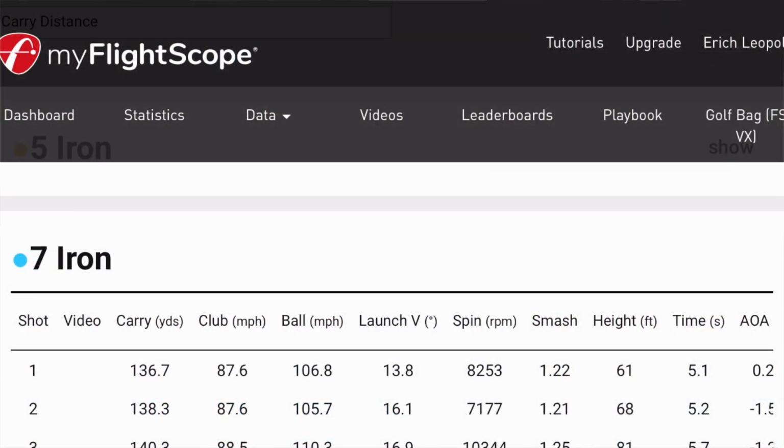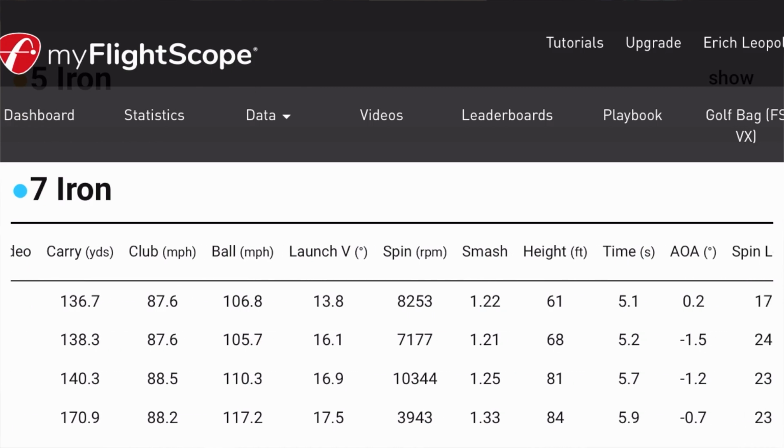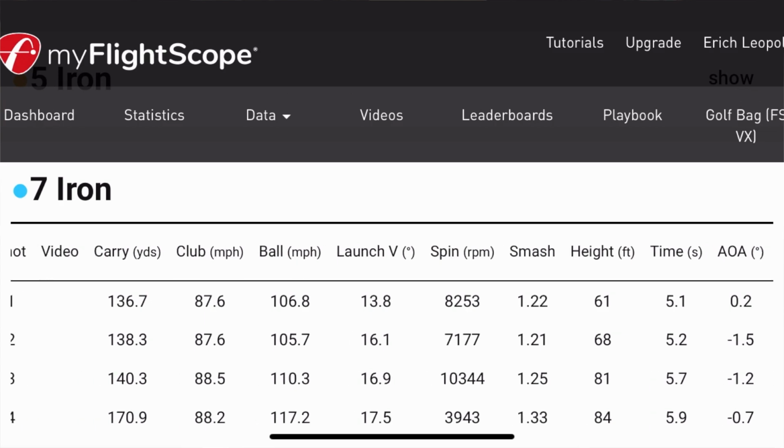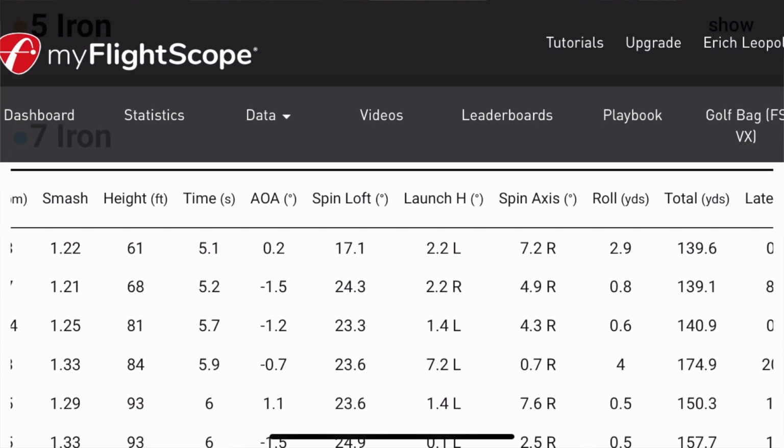Okay, so I will show you these stats from this guy who has pretty good swing speed, but he comes over the top. I mean, you can literally see it. And this is his 7 iron information here, his stats. Club speed is really high, 87, 89, so that's pretty good. But if you look at the launch horizontal, you can see that most of the balls start to the left.